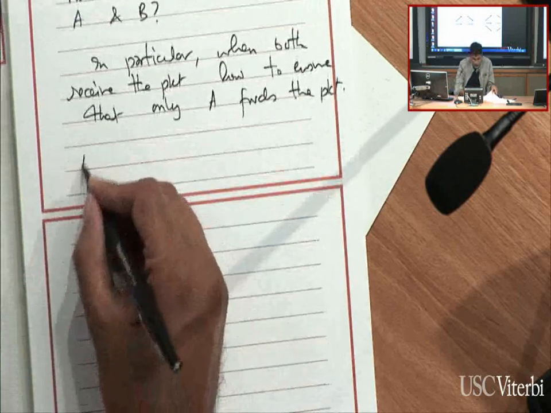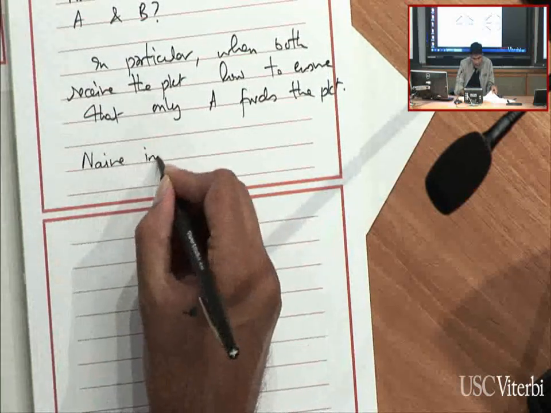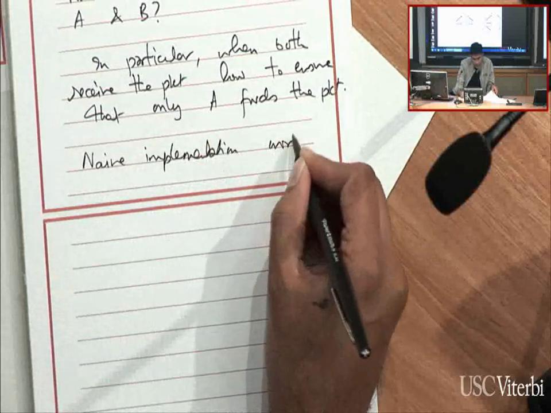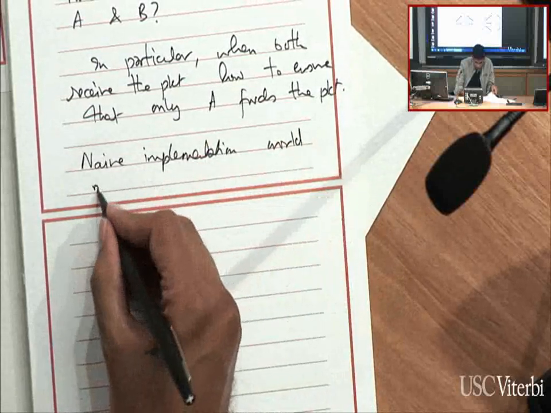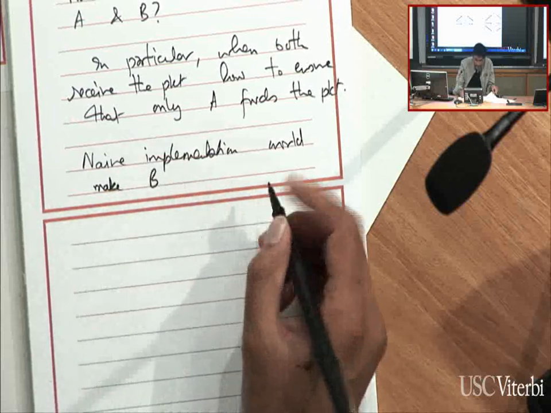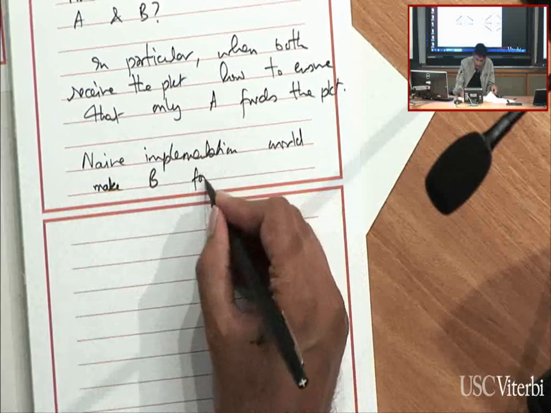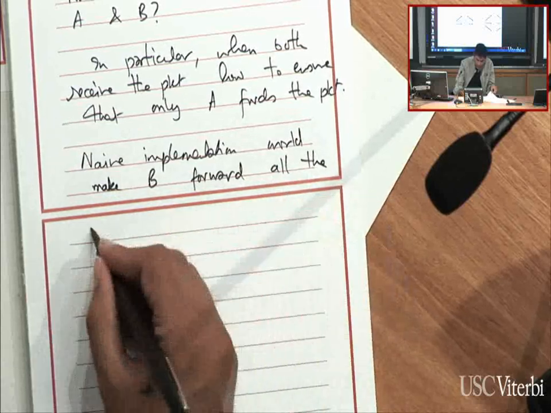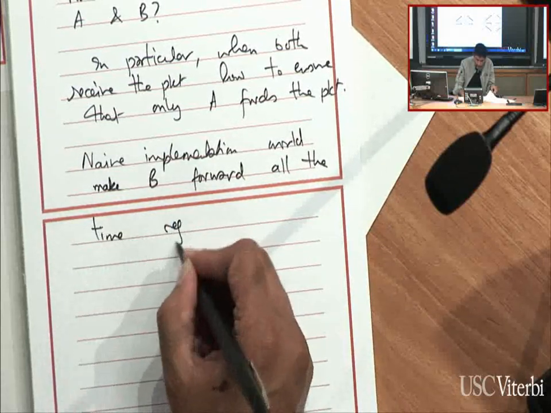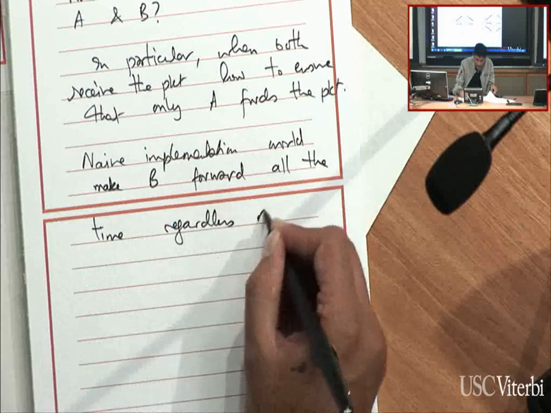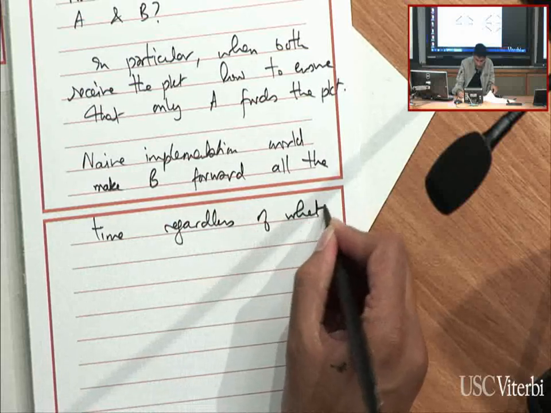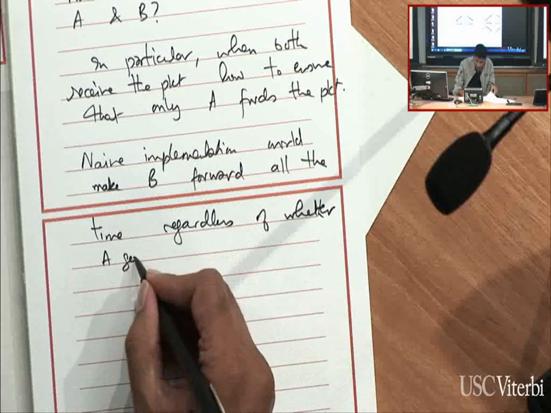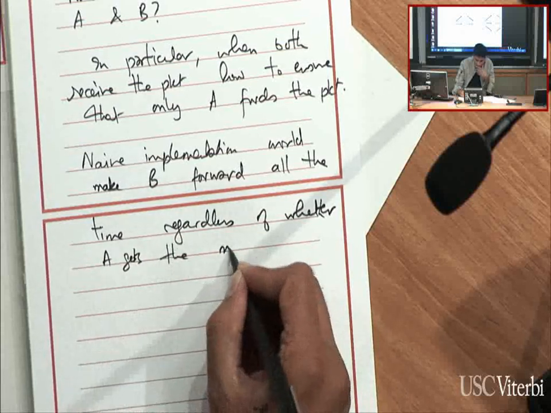Right? Sort of a naive implementation would make B forward all the time, regardless of whether A gets the message.